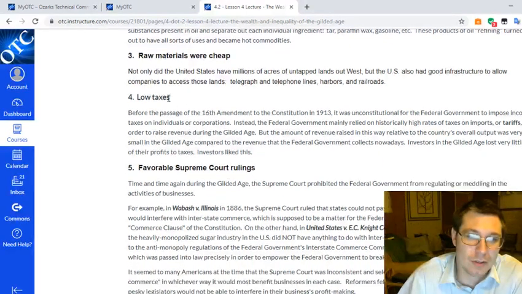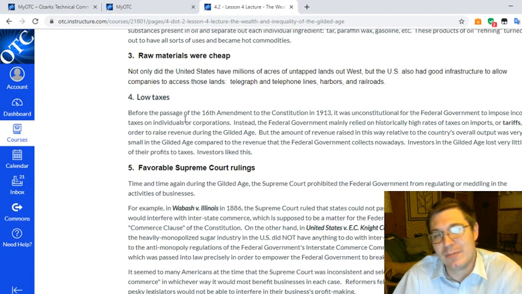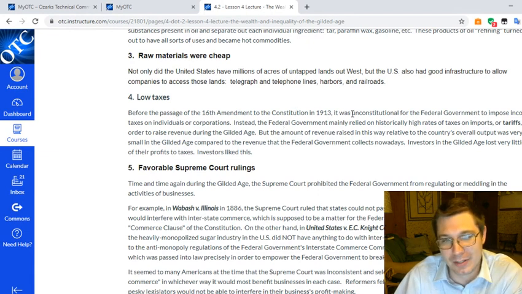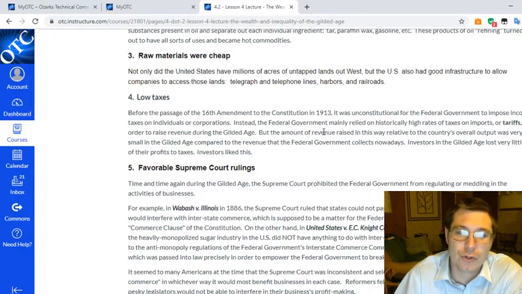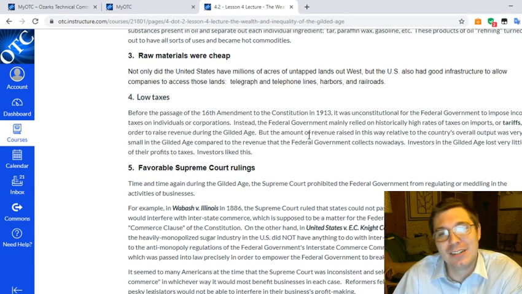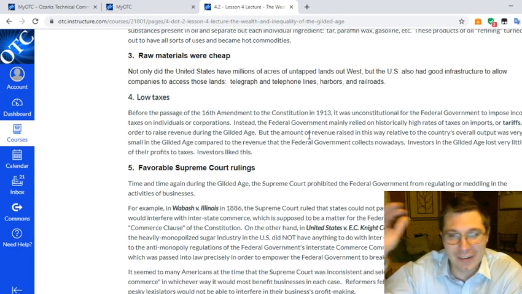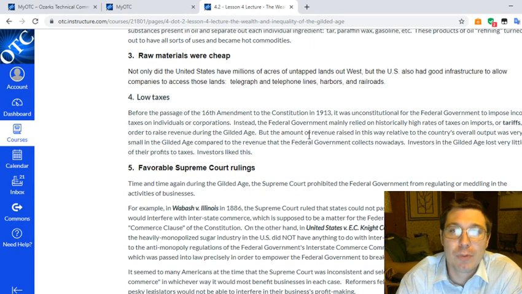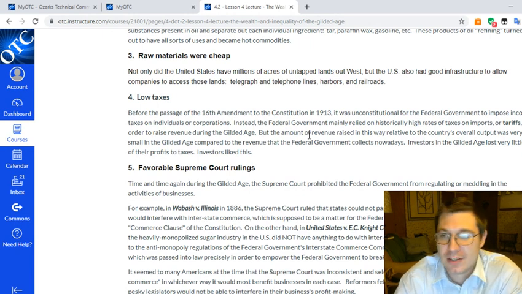The US also had low taxes on businesses. Before the passage of the 16th Amendment to the Constitution in 1913, it was unconstitutional for the federal government to impose income taxes on individuals or corporations. Instead, the federal government mainly relied on historically high rates of taxes on imports, or tariffs as they're known, in order to raise revenue during the Gilded Age.